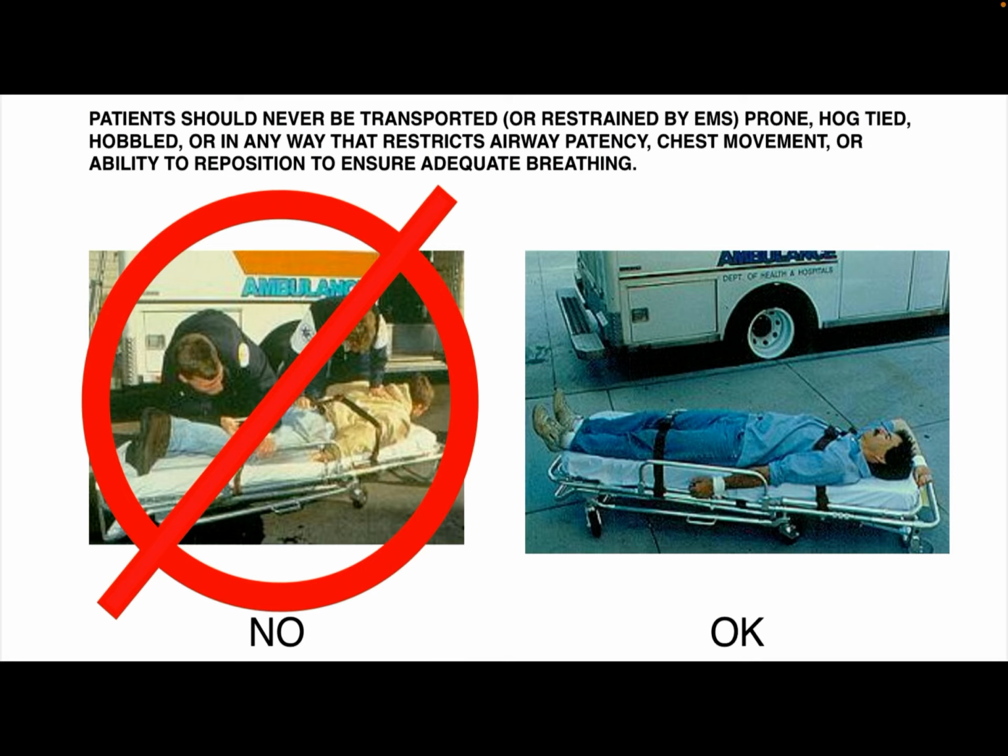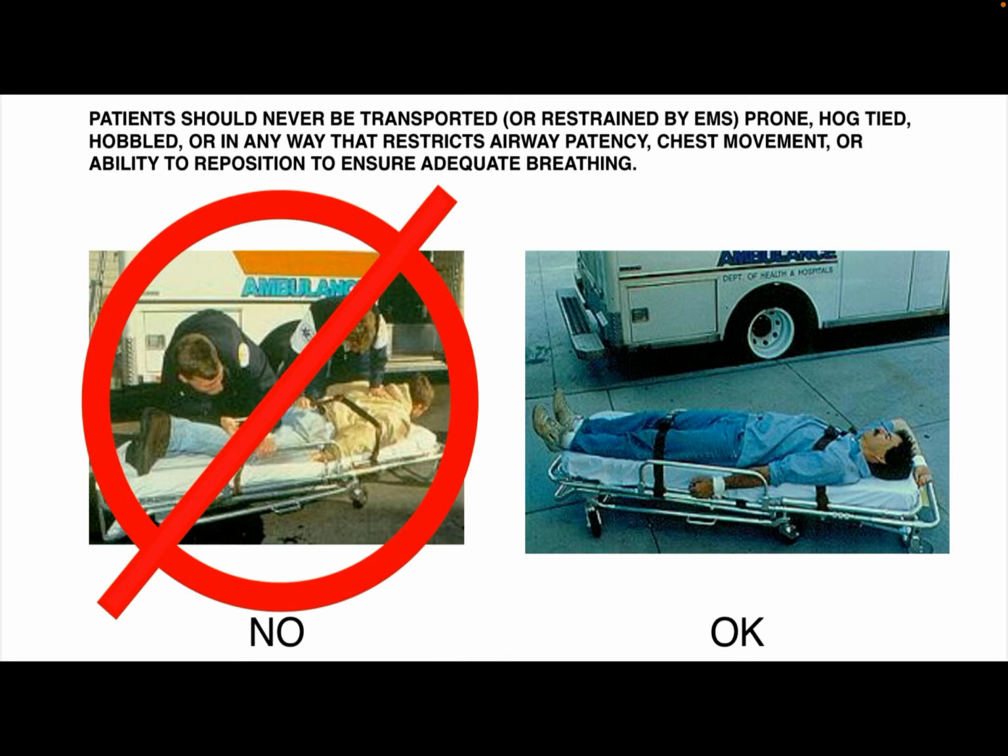At the bottom of this page, it makes it very clear that you should never transport a patient in the prone position, because it restricts airway patency, restricts chest movement, and the patient's overall ability to breathe. Not that anybody at Ambulance Inc. is doing that or ever has done that, really.